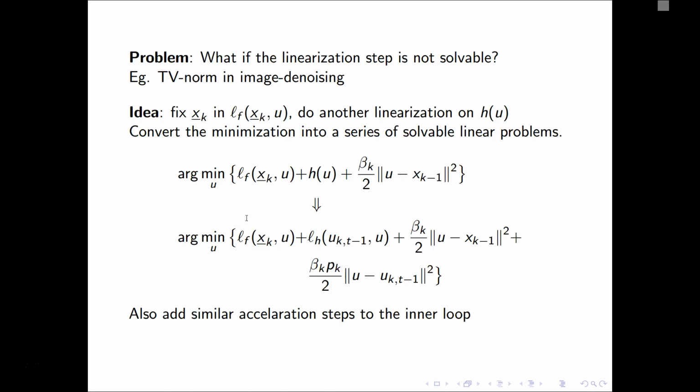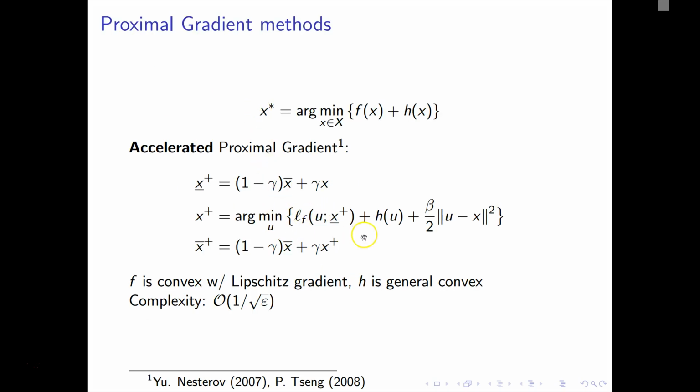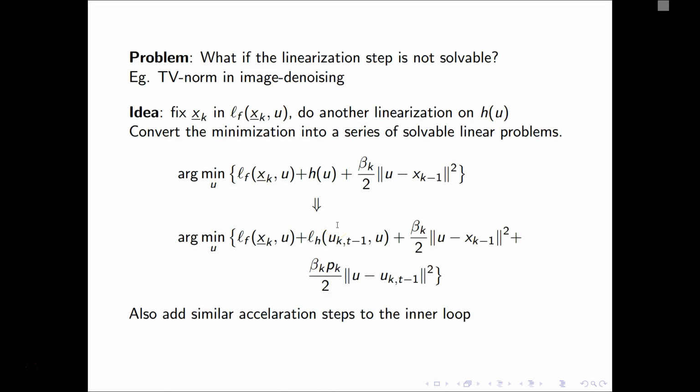We fix xk in the linearization of f in our accelerated proximal gradient method, and we do another linearization of h. That converts the minimization into a series of linear problems with explicit solutions, and we use this u_k,t minus 1 for the inner loop.